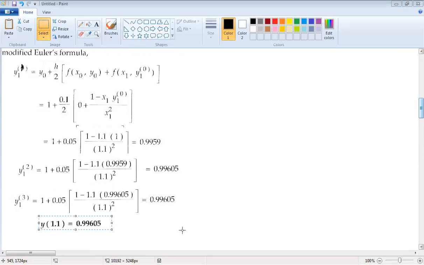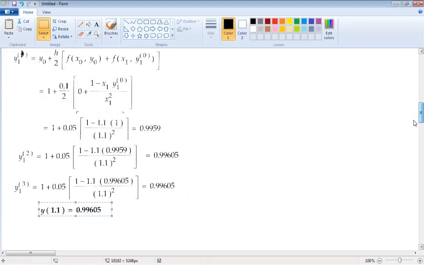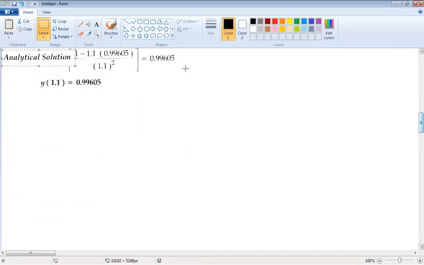Okay. In the problem, they have also asked us the analytical solution. Though it is not part of the sum, it is a quick revision of what we have learned in the previous semester. So quickly, I'll discuss the analytical solution with you. If you look at the differential equation, you can make out that it is of the form dy by dx plus py is equal to q.